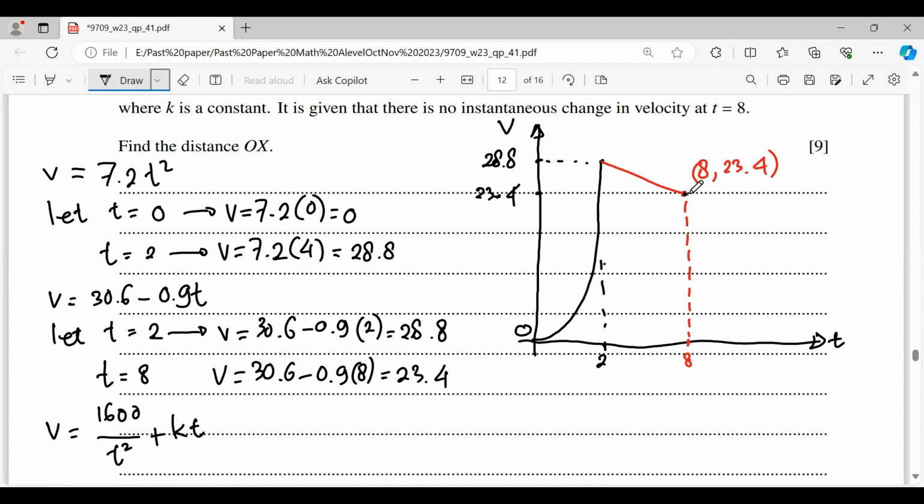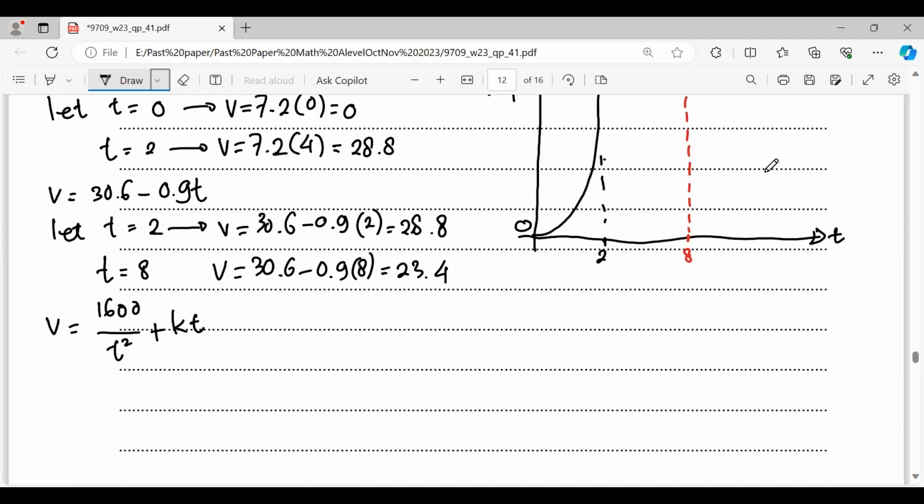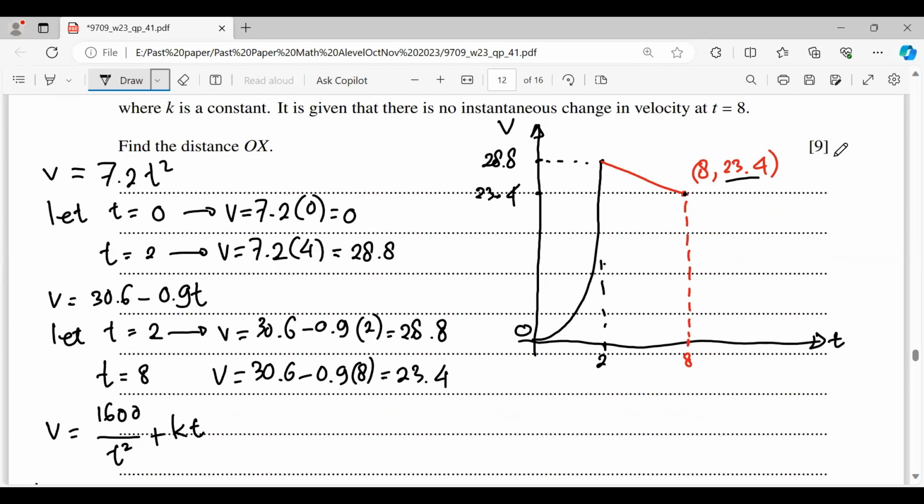If we continue from this coordinate point, it means phi equals 23.4. Let phi equals 23.4. If phi equals 23.4, it means t equals 8. So we are going to use this coordinate point 8, comma 23.4.